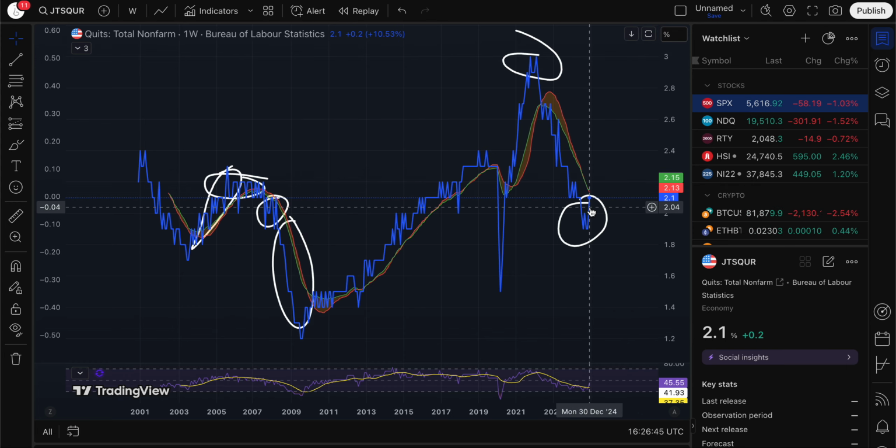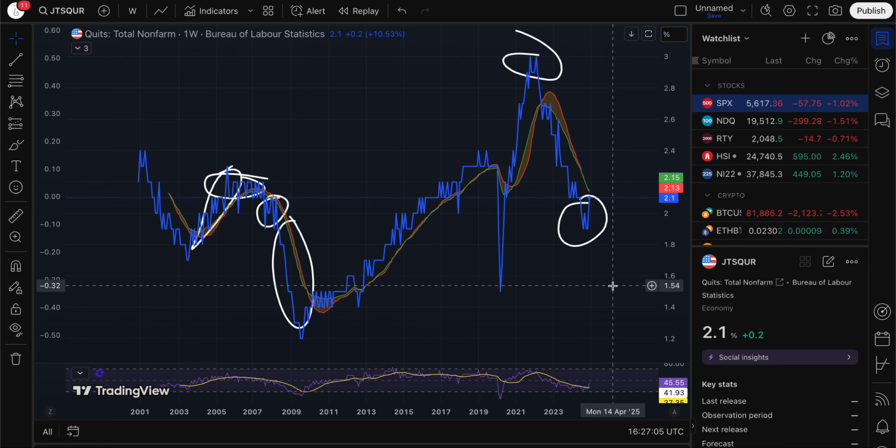If this is correct and it plays out in a similar fashion, the immediate implication of what I'm saying is that we are likely to see further downside in the quits rate, which would be consistent with further slowing in the economy. Now, this really is up for debate.